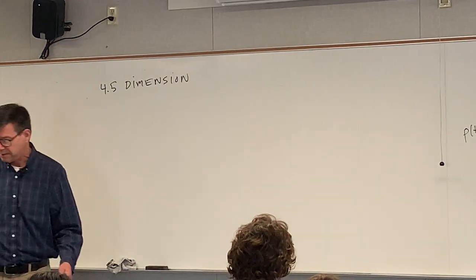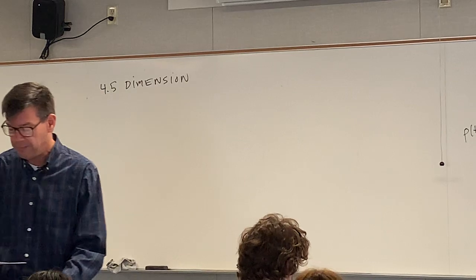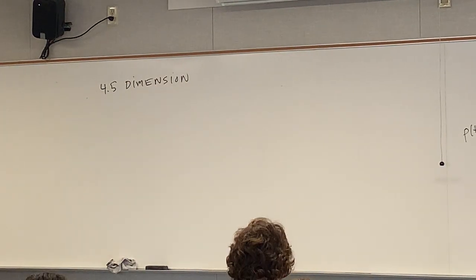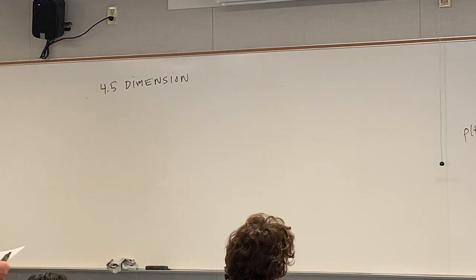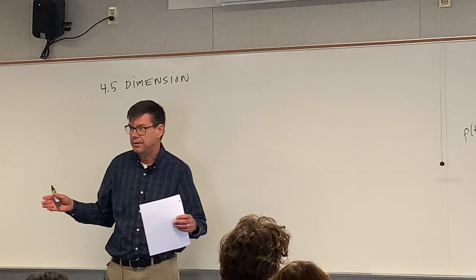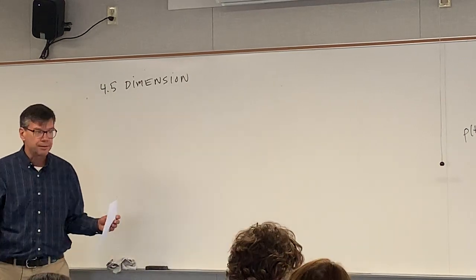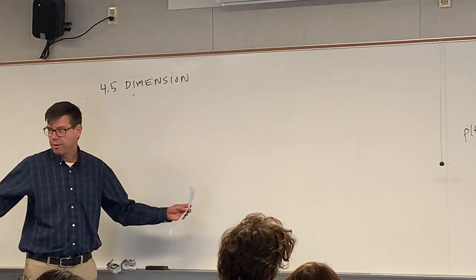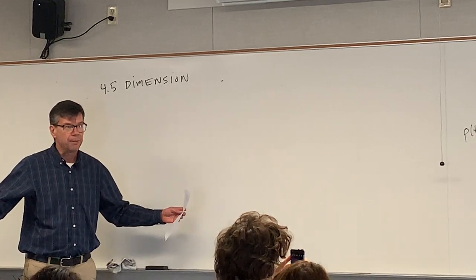If a vector space has a basis of n vectors, then any set of vectors containing more than n elements must be linearly dependent. Once you have a basis and you know how many elements are in there, so n, any set with more than n elements must be a dependent set.